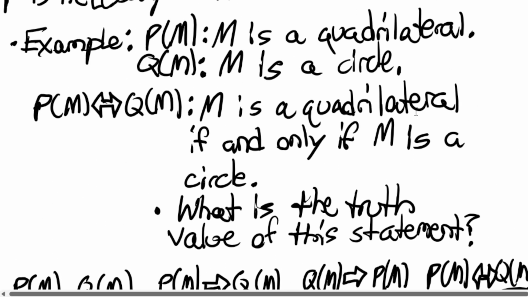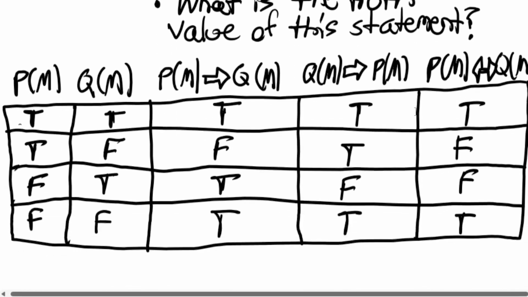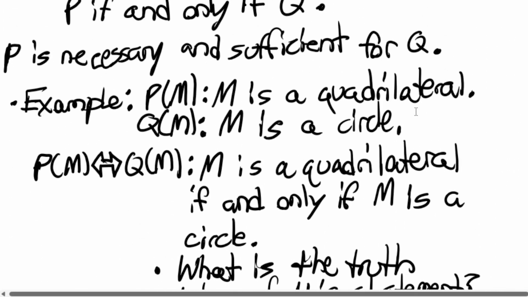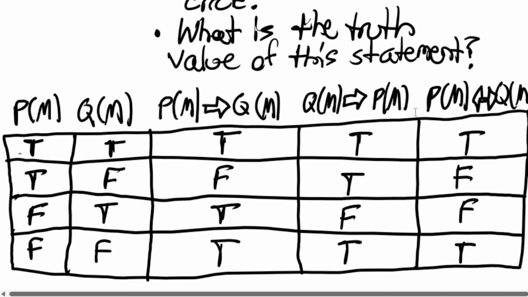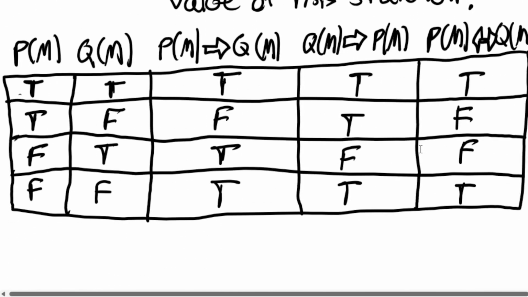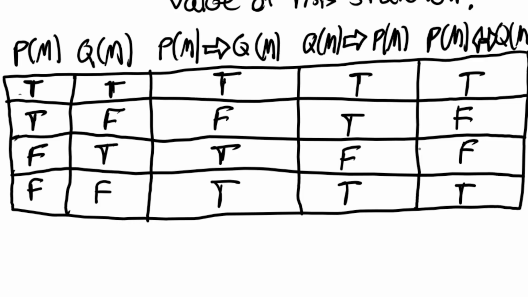Well, the thing is, neither of these statements can imply the other, because a quadrilateral cannot be a circle and a circle cannot be a quadrilateral. So this is going to be when P of M is true and Q of M is false, or the other way around.